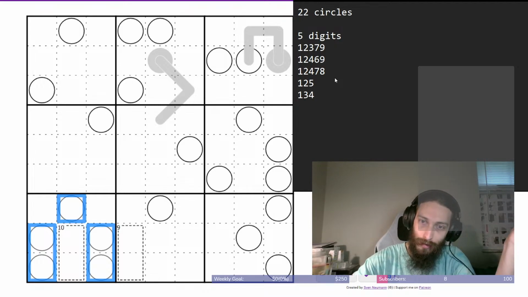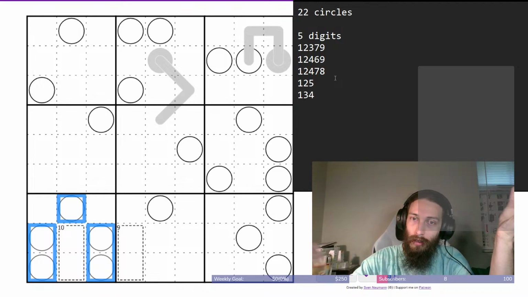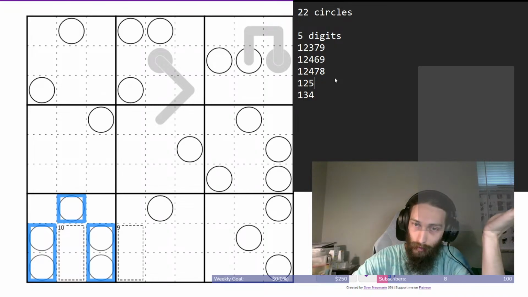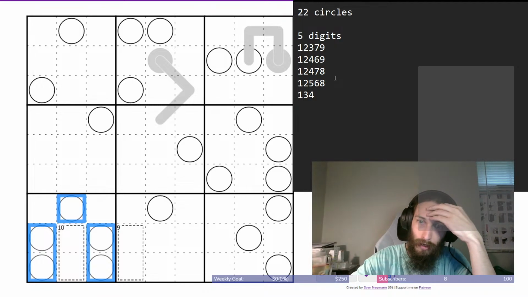But the 1, 2, 5 version is 8, and I need 14. 14, which is 5 and 9. But I already have a 5, so I can't do 5, 9. That would be 6 and 8. So that's the only version from 1 to 5. But 1, 3, 4, I can do 5, 9. 1, 3, 4, 6, 8.